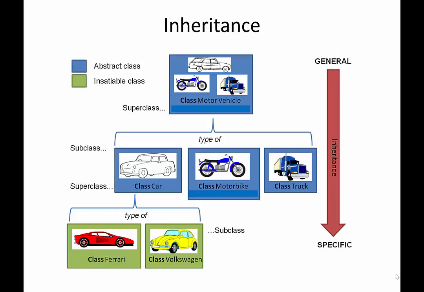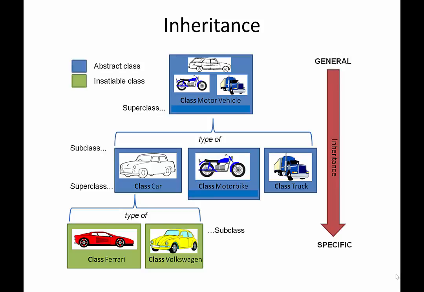Car just contains methods and attributes, properties and methods related to the car, but it also gets the ones from motor vehicle. It inherits methods and attributes from motor vehicle. Similarly, motorbike has methods and attributes for a motorbike, but also inherits the ones from motor vehicle, and similarly down the hierarchy. So we move from general to specific.